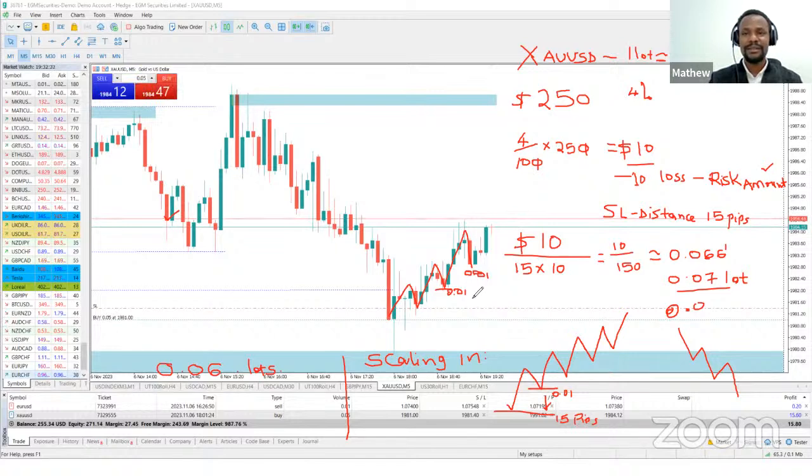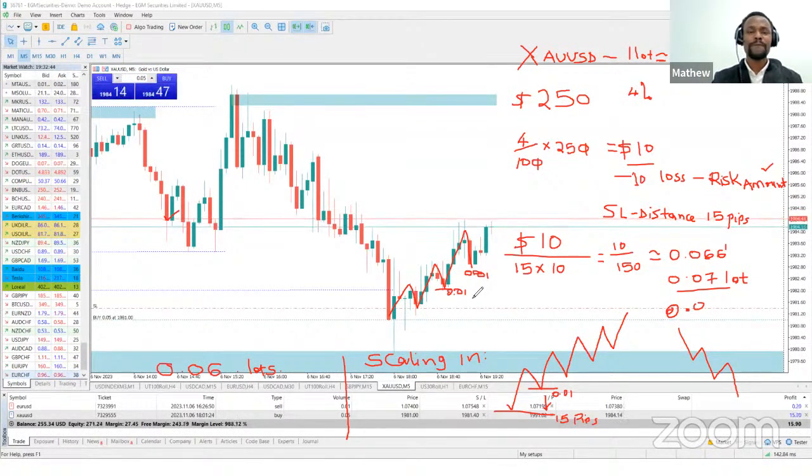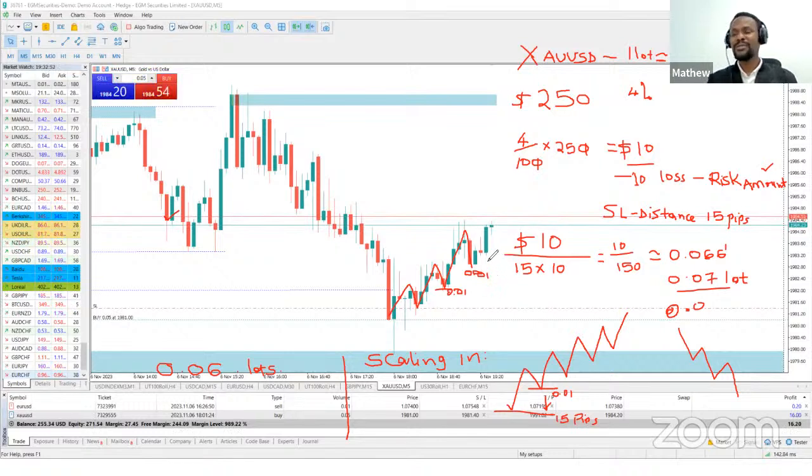Okay. I don't know whether that's clear, but that's what you want to do, so that you have been very careful with entering your positions. You've layered them such that even if the price was to pull back, for example, you didn't enter all the trades before the price started to reverse and it hit your trailing stop at the 4th entry or the 3rd entry, then you're much better.